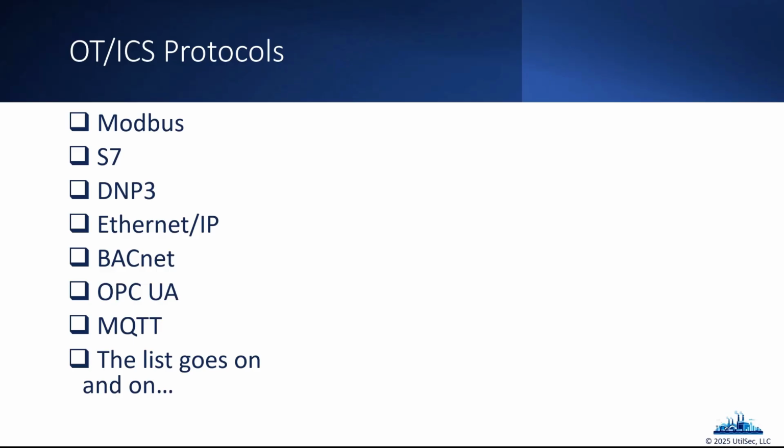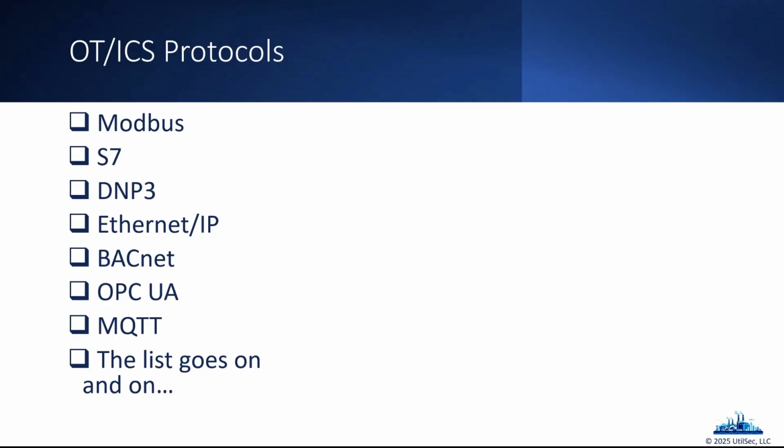Now, there's newer protocols as well that are evolving, like OPC UA and MQTT, which is an interesting protocol because it kind of straddles the line between IoT and now OT. So we're starting to see those lines blur, and potentially people wanting to integrate IoT with OT.